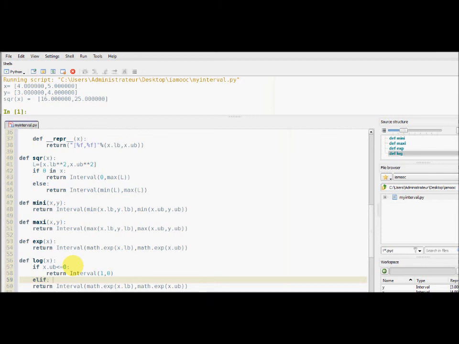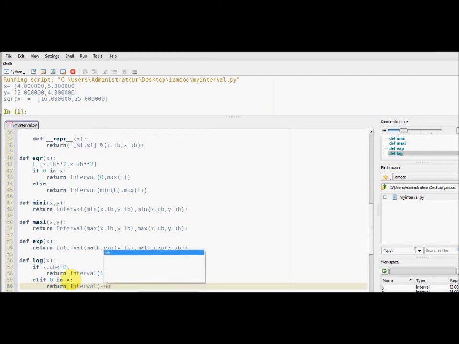So else, if 0 is in x, what should I do in this case? I should return an interval of minus infinity and math dot the logarithm of x dot upper bound.